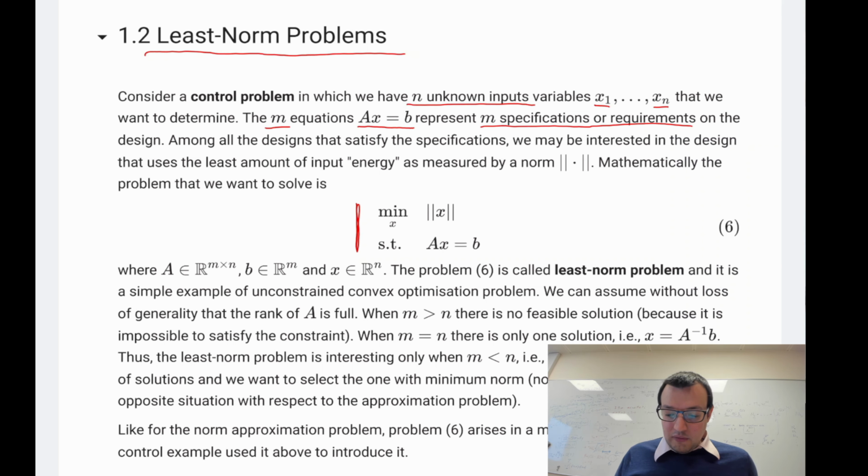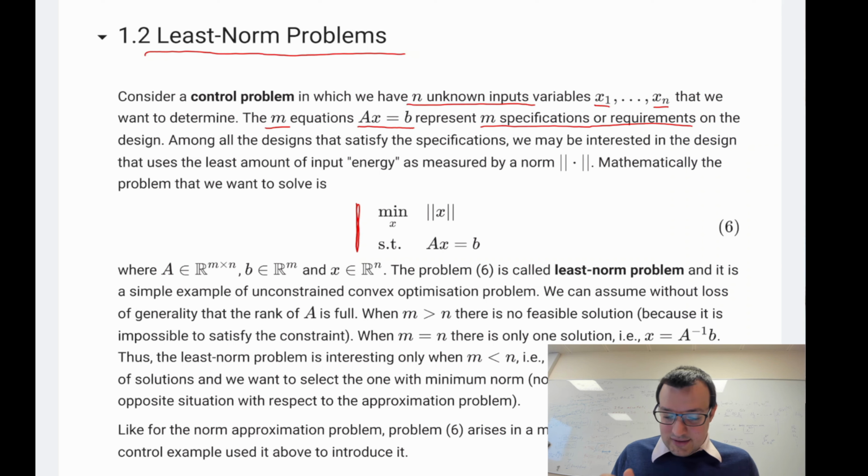So the least norm problem actually makes sense only when m is smaller than n. That means we have fewer constraints than variables, and then we have an infinite amount of solutions to the linear equality, and among them we want to find the one that has the least norm.